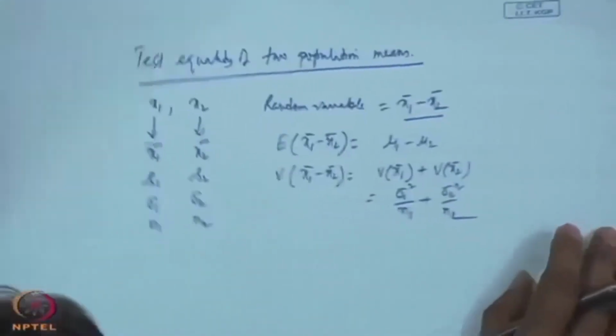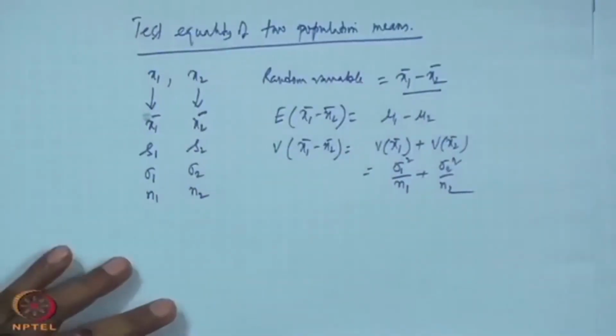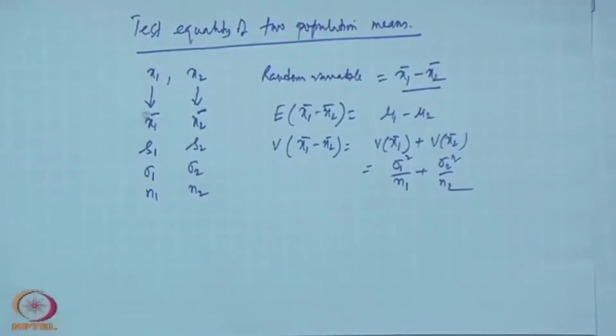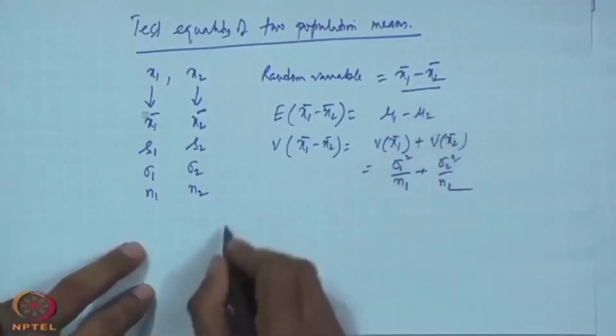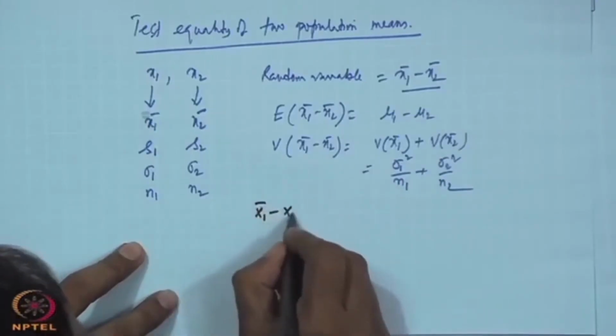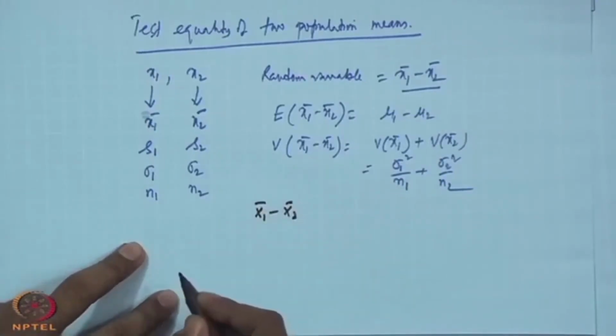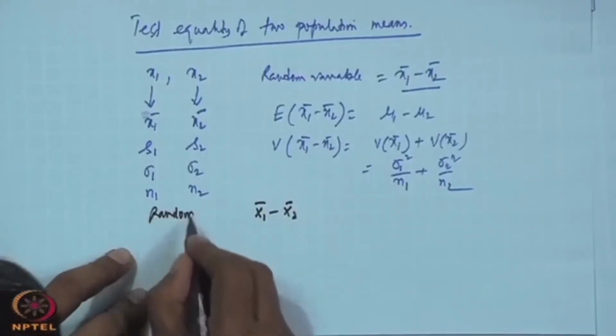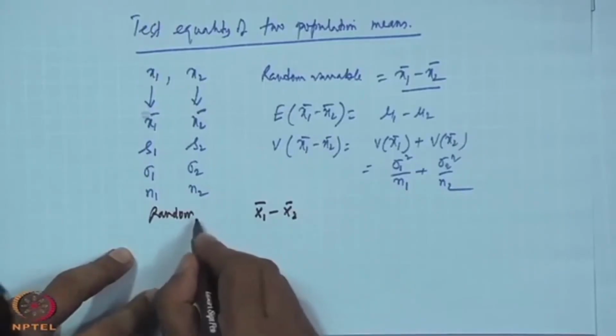What is the multivariate counterpart of this? Your random variable will be a random vector x1 bar minus x2 bar.